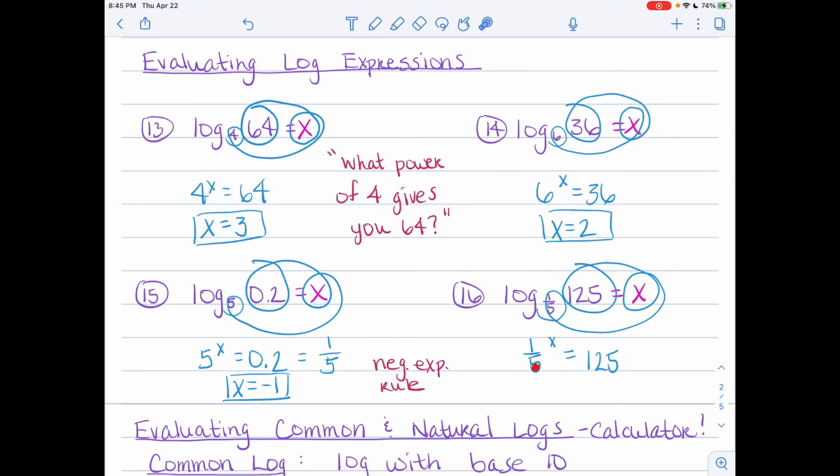Well, I know that 5 raised to the third power, so 5 times 5 times 5, gives me 125. If I've got a 1 over 5 instead, again, that just means my exponent is negative. Negative what? Well, negative 3, because 5 to the third is 125. So x is equal to negative 3.